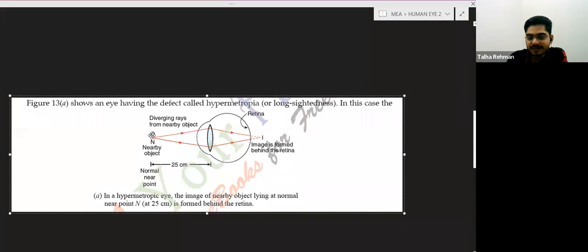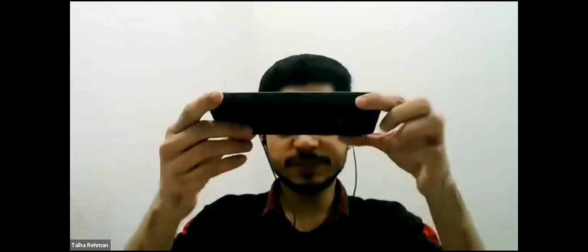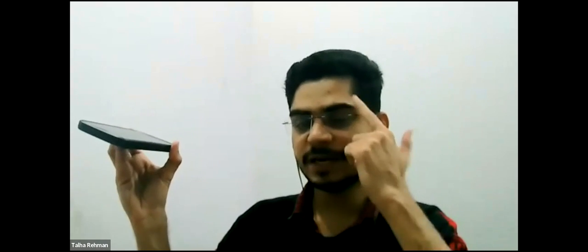In this case, if the object is at 25 centimeter, for example this is the mobile phone, and these are my eyes.